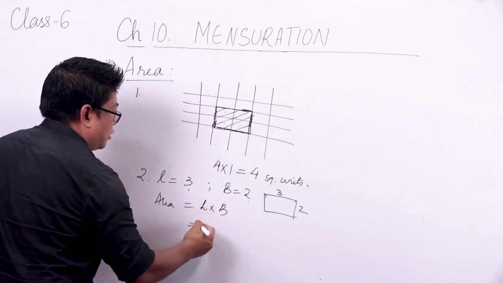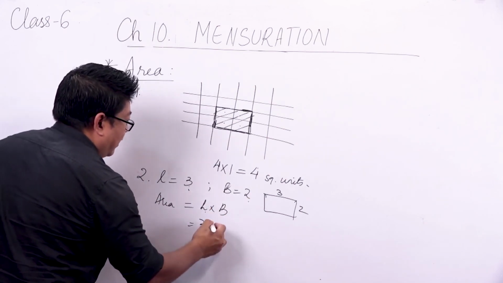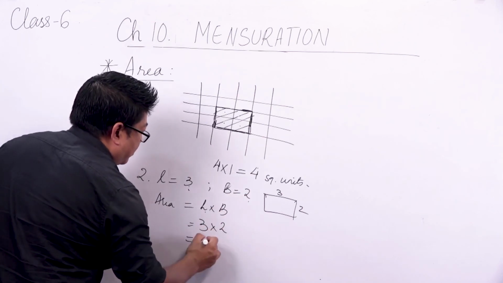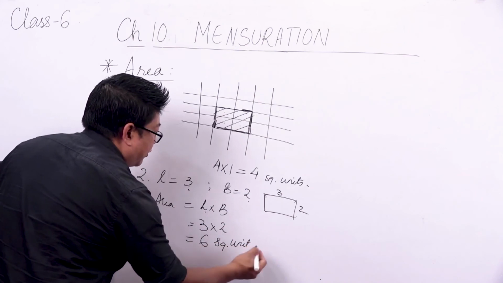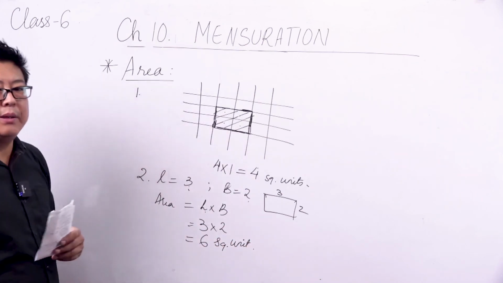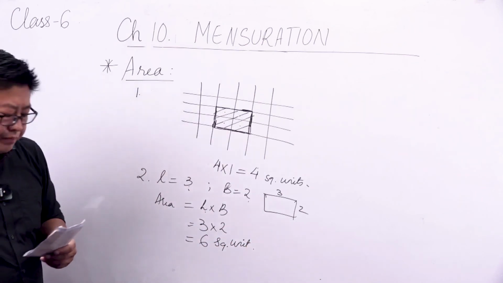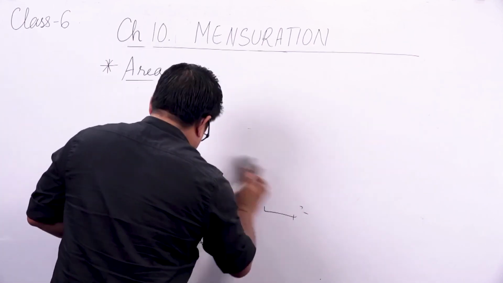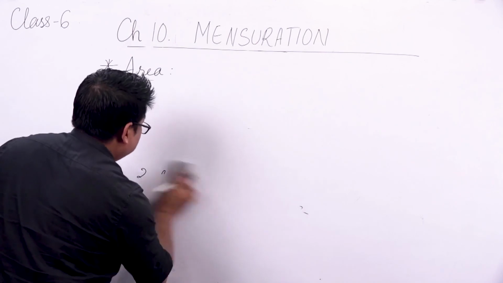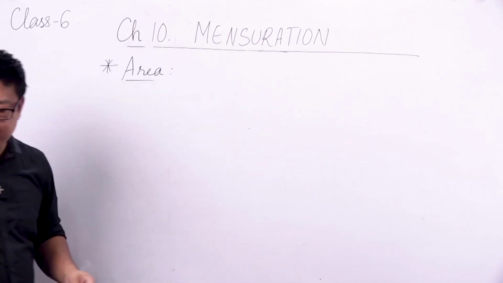So you multiply these. L is 3, B is 2. So you get 6 square units. Whatever the unit, it may be centimeter, meter, or millimeter. All right, children. So there is one part, and the second part, there may be some questions in this manner.